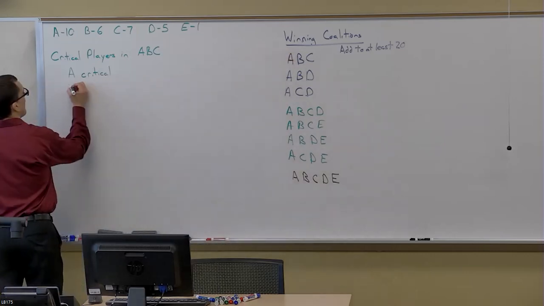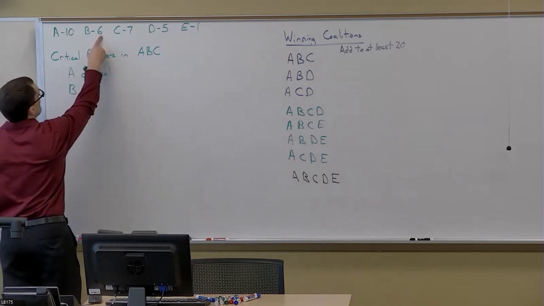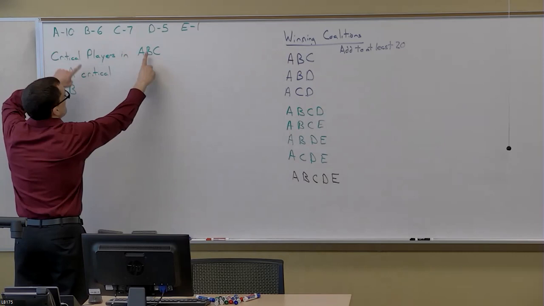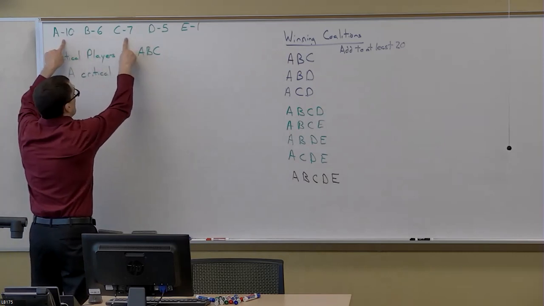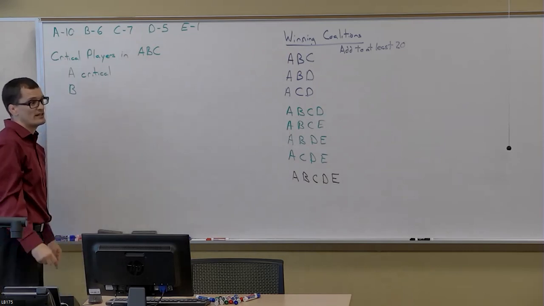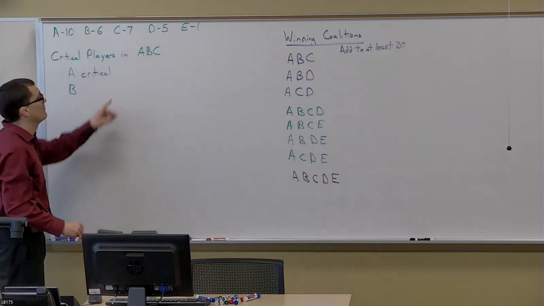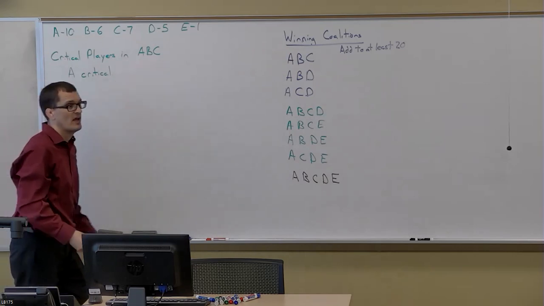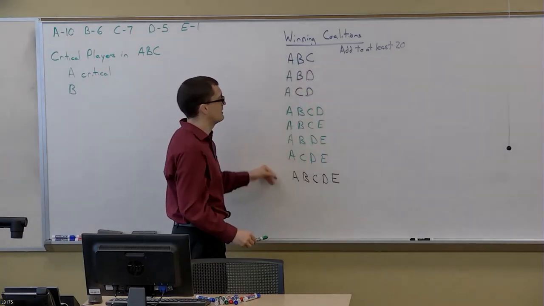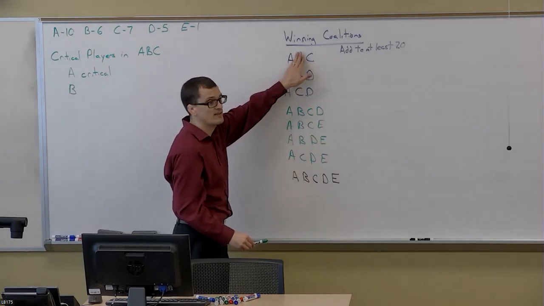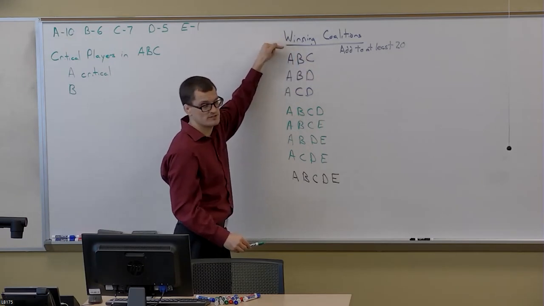Let's check out B. B is worth 6. If B drops out, we're only left with AC. That gets us up to 17. AC is not a winning coalition. So B was also necessary for ABC. Again, you can think of it like this: we've listed out all of our winning coalitions. If I erase B, do I see an AC in the winning coalitions?